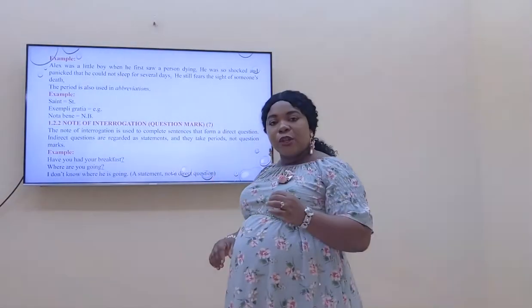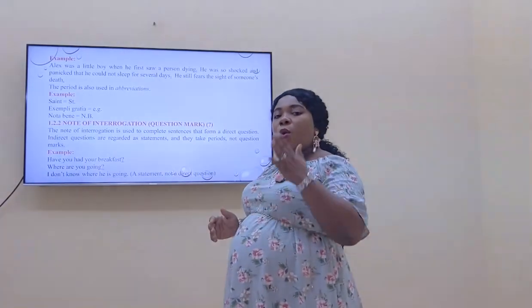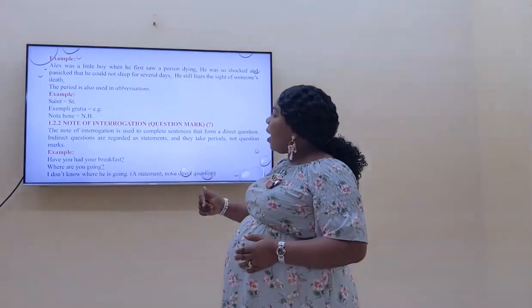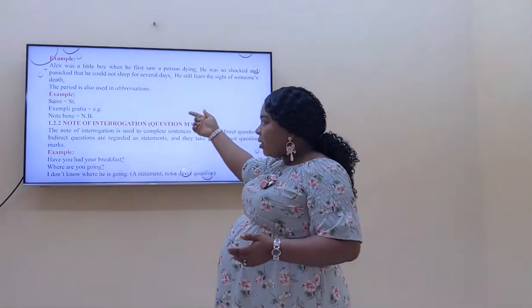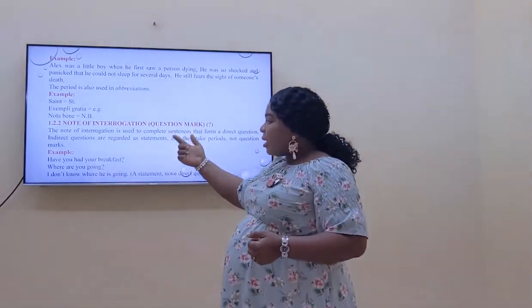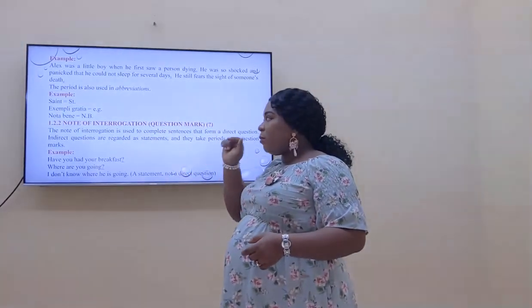We're using full stop to put an end to each of them so that you understand what each of them is saying, right? The period is also used in abbreviations. For example, St., probably St. Louis. You see a capital S and a small t with a full stop.